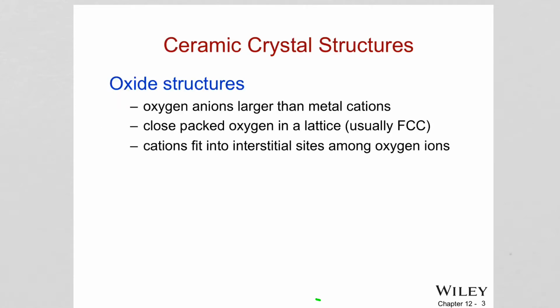So for ceramic materials, when the bonding is mainly ionic, then the crystal structure might be thought of as composed of electrically charged ions instead of atoms, positively charged and negatively charged. So metallic ions that are positively charged are called cations, and negatively charged ions, the non-metallic ions, are called anions.